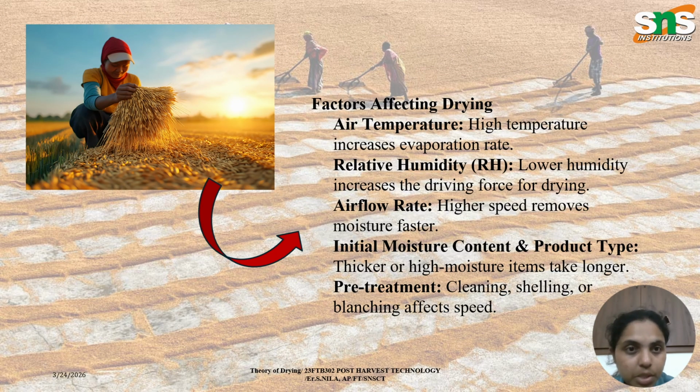So the next one is factors which affect drying. There are so many factors that affect drying, like the air temperature. Higher the air temperature, it increases the evaporation. And lower the relative humidity gives a stronger driving force, and faster the airflow, it removes moist air quickly.